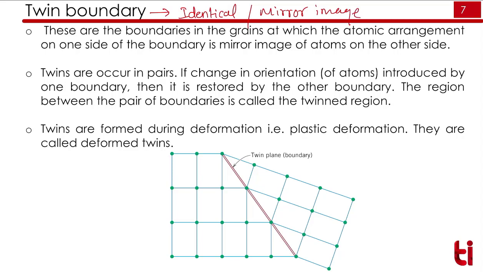In a similar way, if we have a boundary between a row of atoms for a few interatomic distances, that we call a twin boundary. These boundaries are formed due to low stress during plastic deformation. It means that the stress is not sufficient to move a row of atoms and it is displaced by a few interatomic distances.